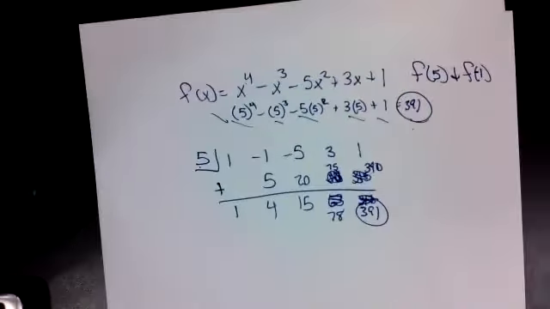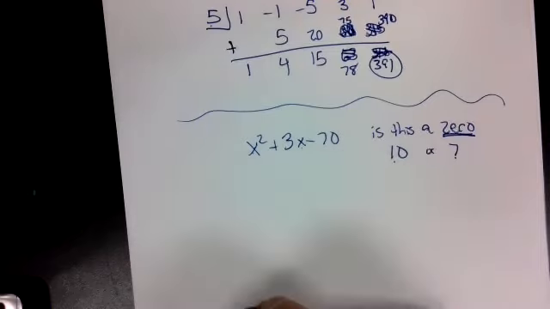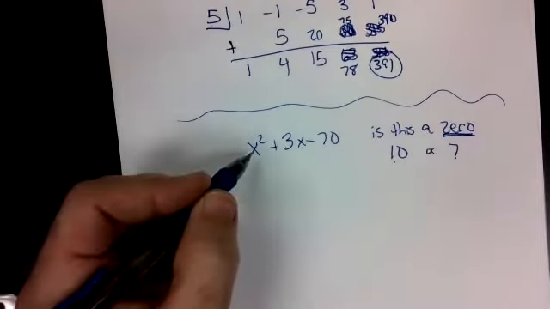So is 10 a zero, or is 7 a zero? Again, what that implies is if I plug 10 in for x, does that make my whole function equal 0? If so, then that's a yes. If not, then that's a no. And again, you can do this kind of the long way.